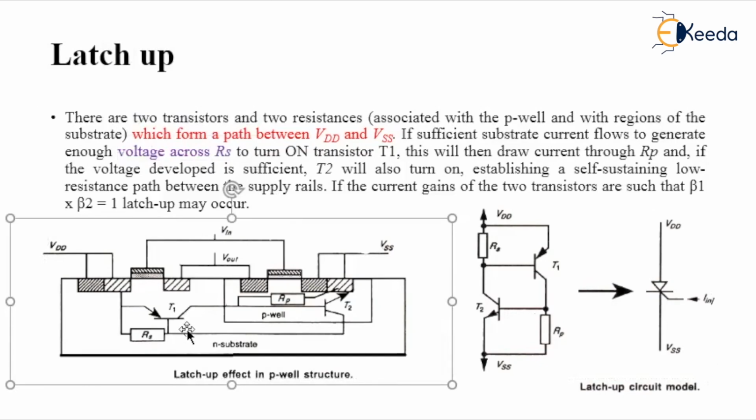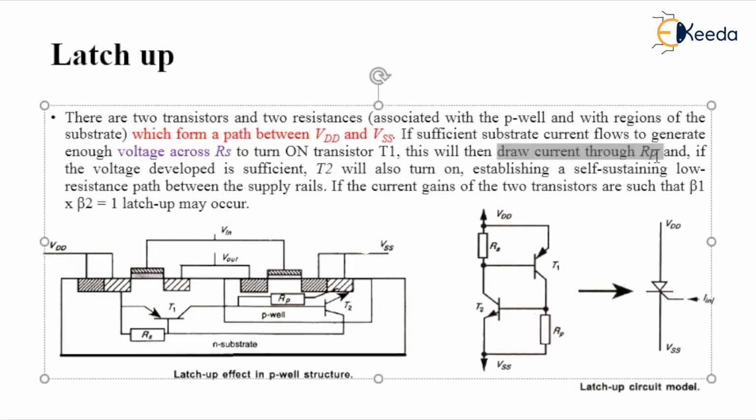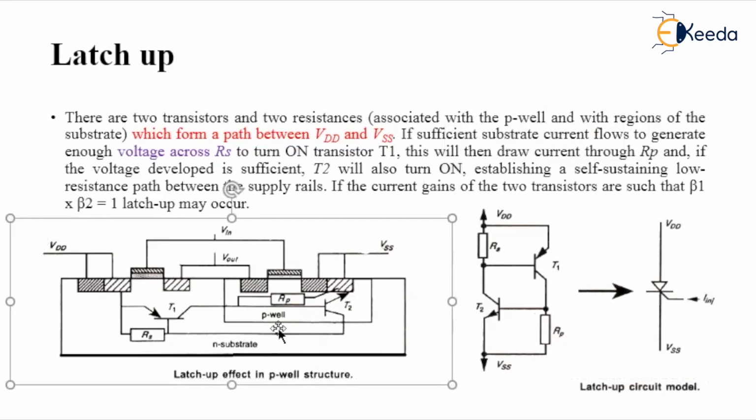It will draw a current directly to this P well, through RP. Similarly, T2 will also be turned on, establishing a low resistance path between VDD and VSS. Therefore, the total gain becomes beta1 into beta2 equal to 1. So latch up will occur.